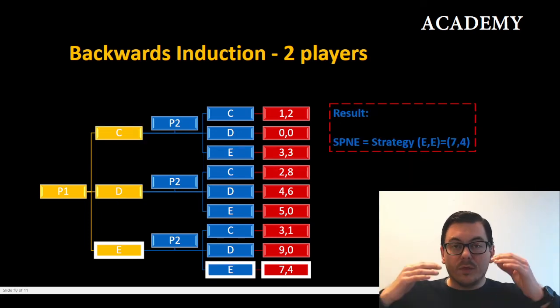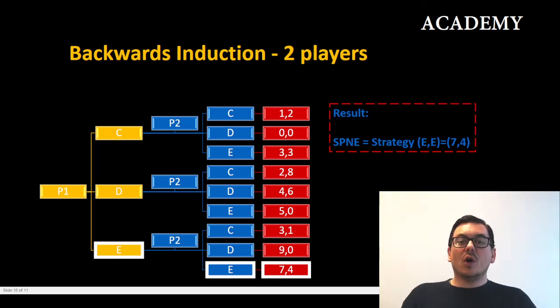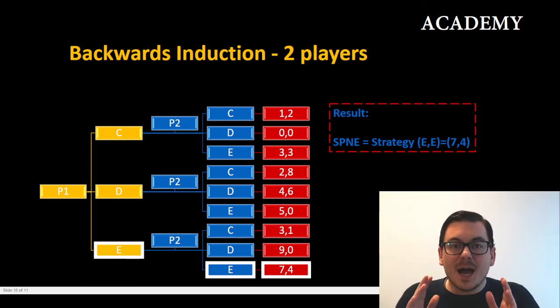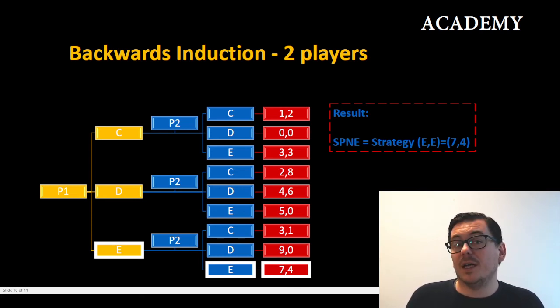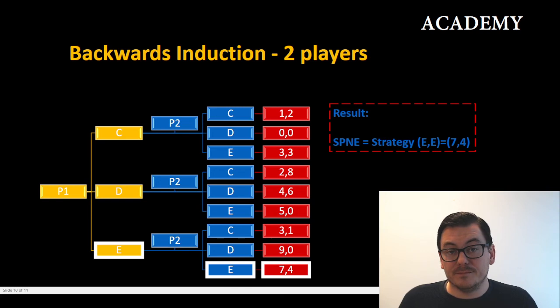Now we know the rational choice, we know the result of the game, how the players will play, how it will end up. And that is that both parties will choose strategy E, and the result will be that player 1 will get 7 and player 2 would get 4. And this is the subgame perfect Nash equilibrium.